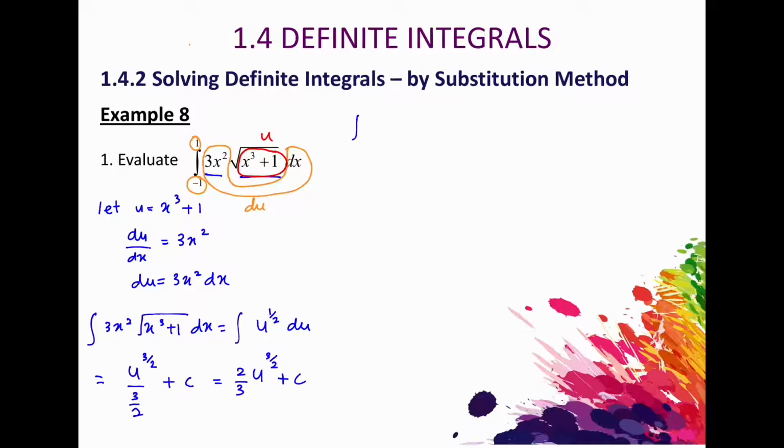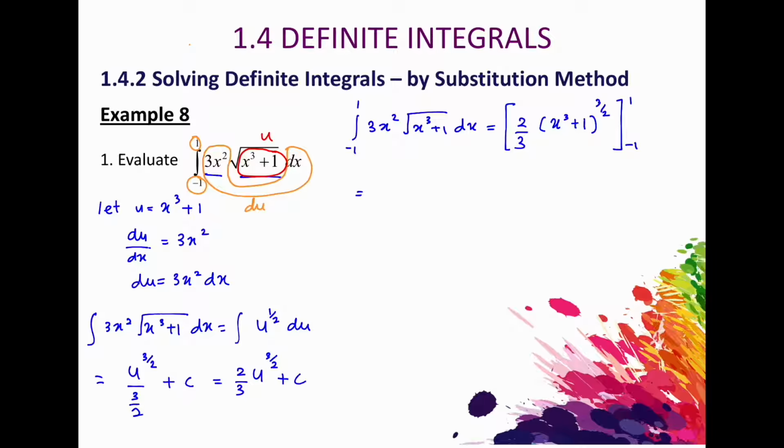So rewrite the original integral, which is the integration of 3x squared times the square root of x cubed plus 1 dx from -1 to 1. We get 2 over 3 times u, which is x to the power of 3 plus 1, to the power of 3 over 2, and then we put the boundaries from -1 up to 1.